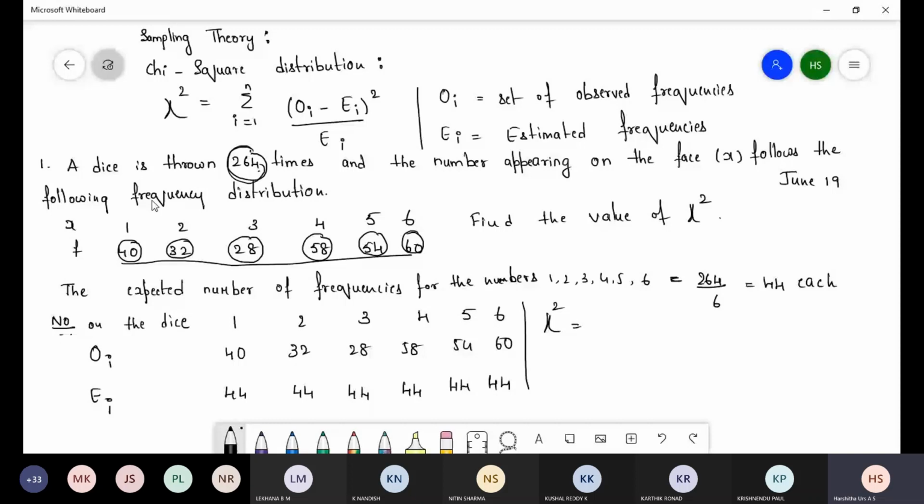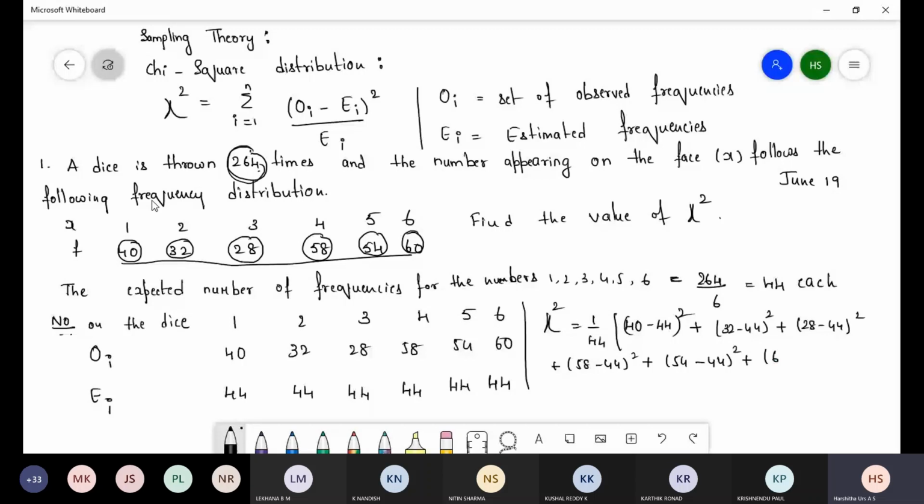I do the simplification for the numerator: (40 minus 44) whole square plus (32 minus 44) whole square plus (28 minus 44) whole square plus (58 minus 44) whole square plus (54 minus 44) whole square plus (60 minus 44) whole square.